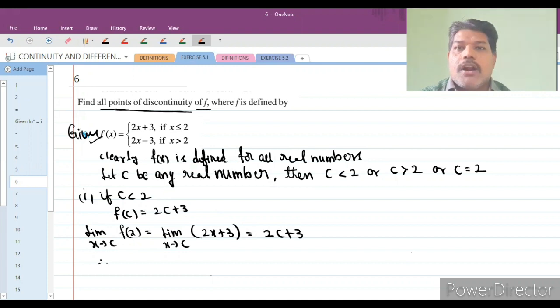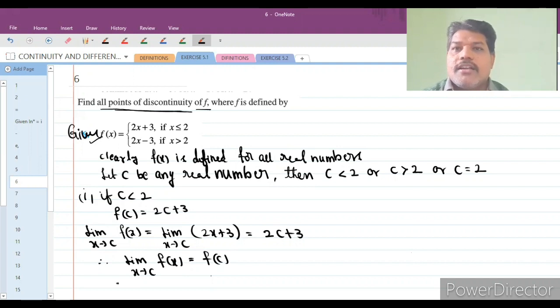So therefore, students, we can declare that the limit as x tends to c of f of x is equal to f of c.